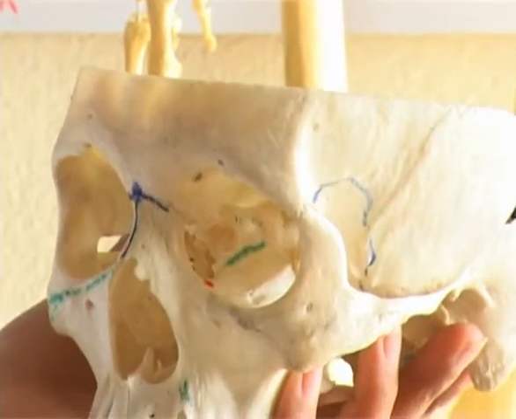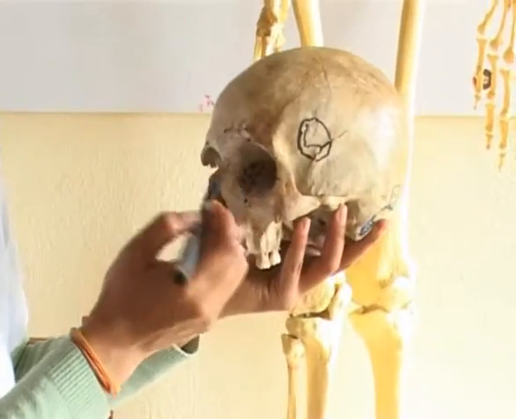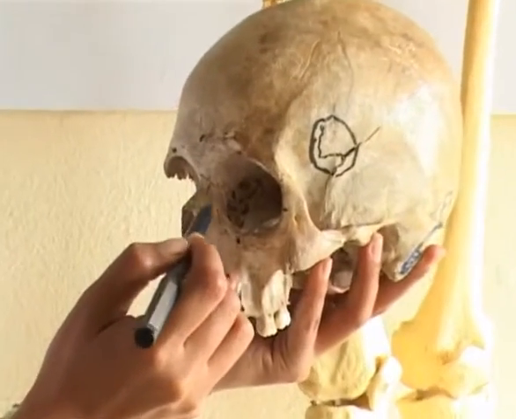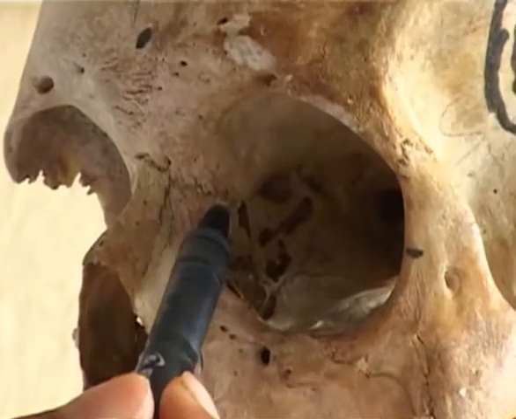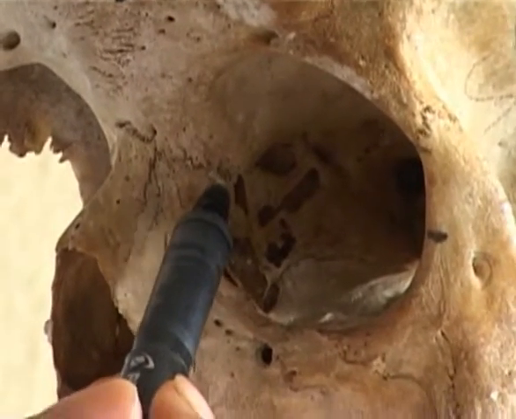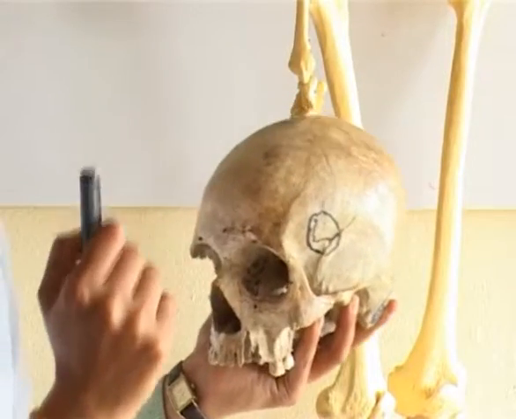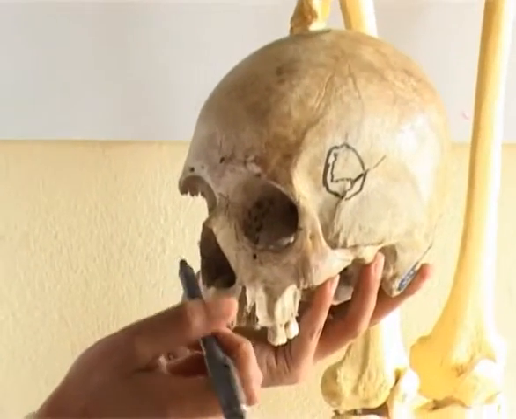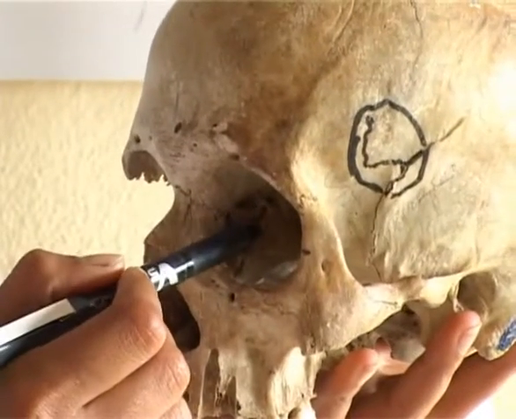The thin medial wall is formed mainly by the frontal process of maxilla, delicate lacrimal bone, and another delicate orbital plate of ethmoid. Orbital plate of ethmoid separates the orbit from the ethmoidal air sinus.